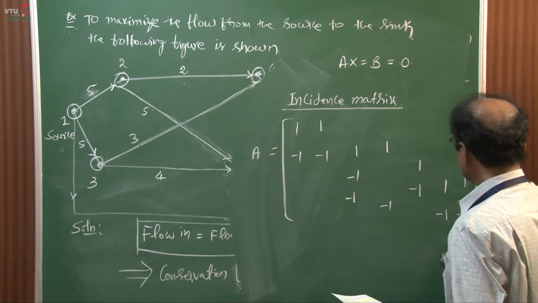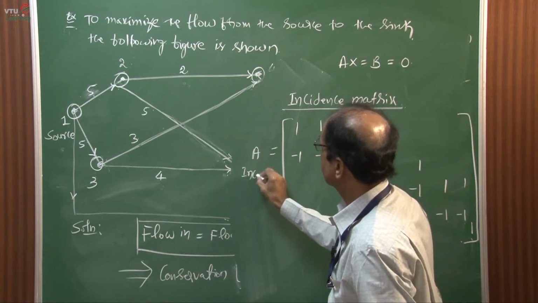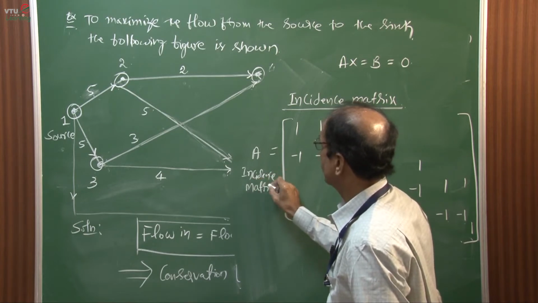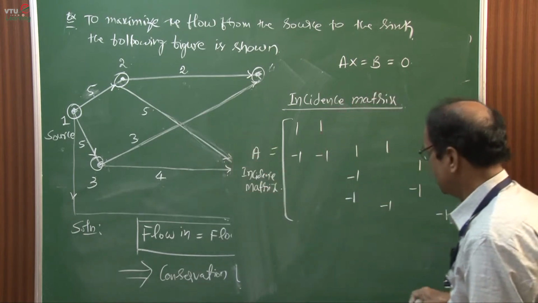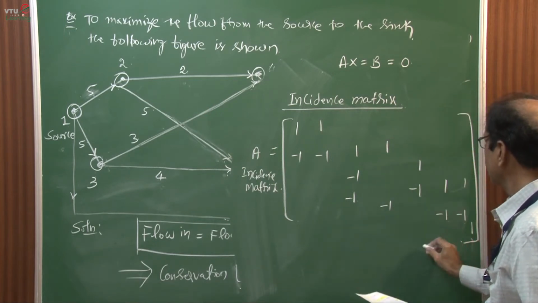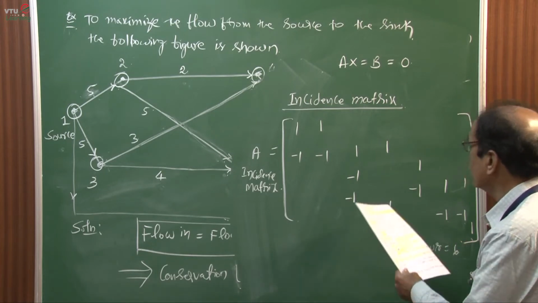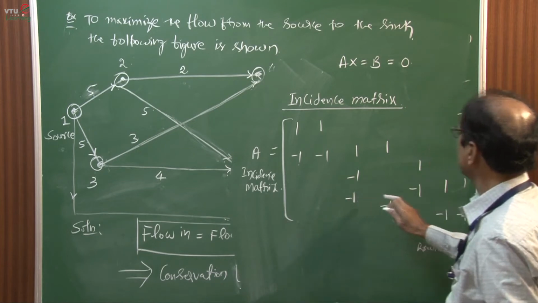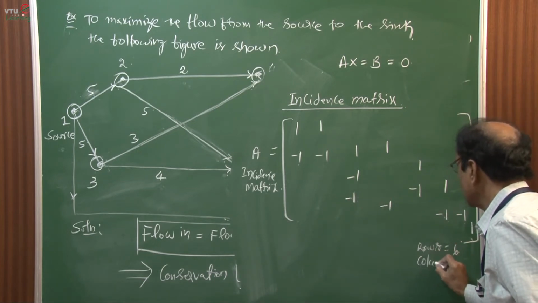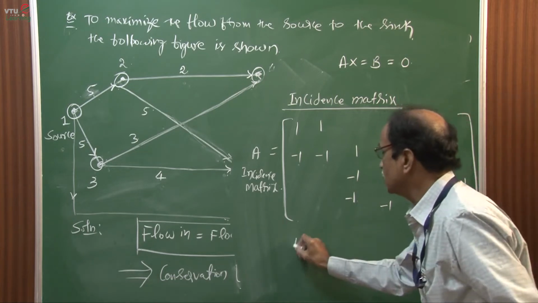So incidence matrix is 8 cross 8. Incidence matrix for this given circuit is number of rows will be 6. Number of rows is equal to 6, and number of columns, that is 1, 2, 3, 4, 5, 6, 7, 8, number of columns is equal to 8. So what are the rows now?